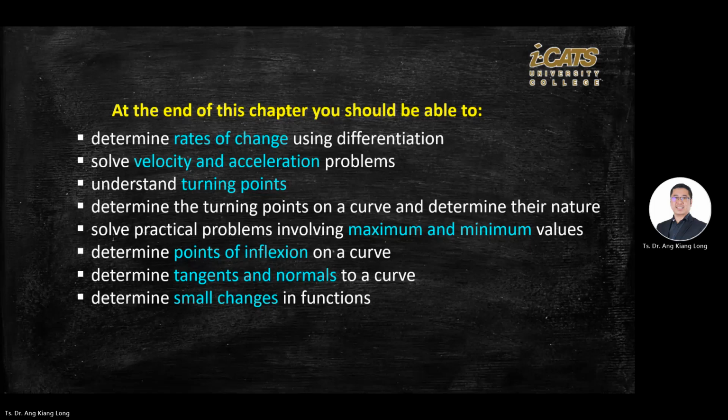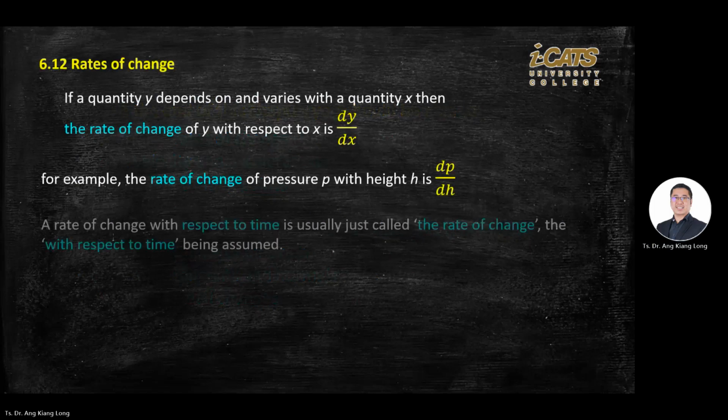All right. We already covered what is dy dx. Now, in dy dx, y can be something, x can be something. So there are two parameters you can play with when you plot a graph, your y-axis and your x-axis. For example, if you are plotting p versus h, you do dp dh, you get the rate of change of pressure with height.